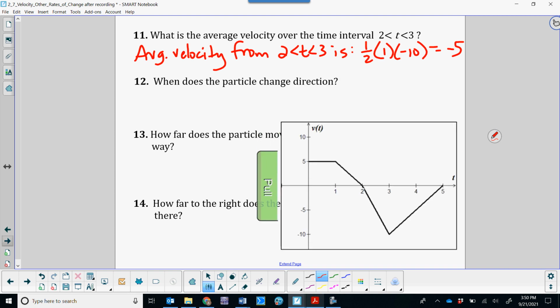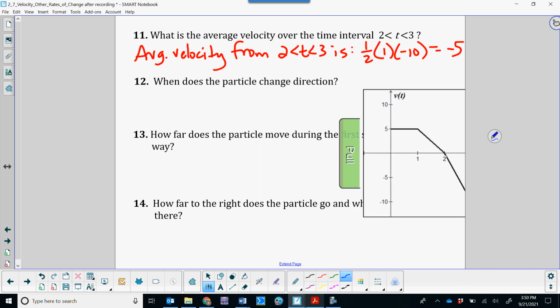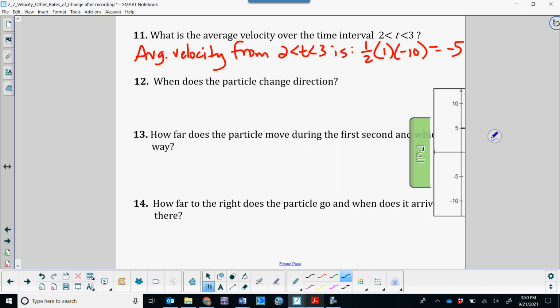Then 12 says, when does the particle change direction? Remember that velocity tells me the direction that it's going. The velocity is positive up here. This is not the particle's movement, that's the velocity being positive. And down here, the velocity is negative. So this is where it changes direction, when it equals 0. The reason you would say it changes direction is that velocity changes from positive to negative there.